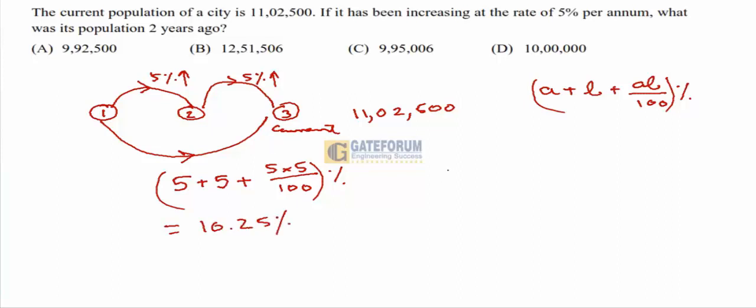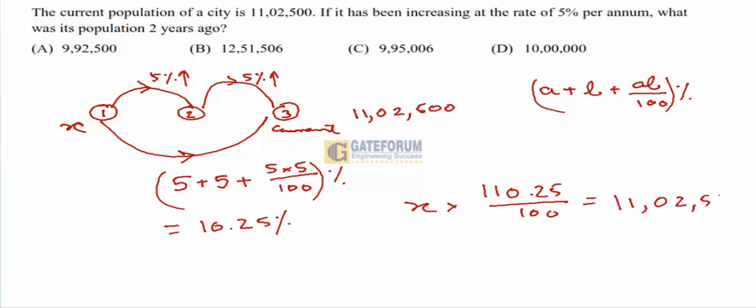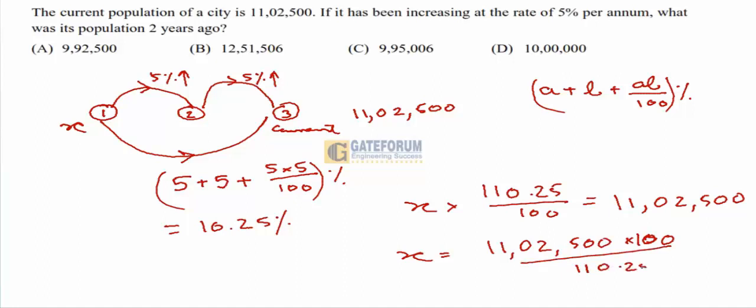So we can say that if this population was X, then X into 110.25 divided by 100 would be our 11 lakhs 2,500. So we need X, which would be 1102500 multiplied by 100 divided by 110.25.